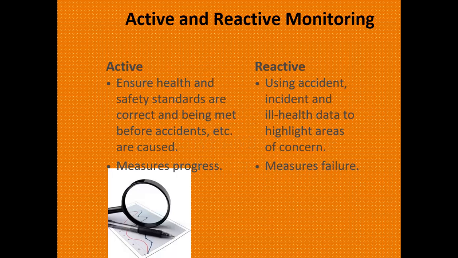For example, ensuring health and safety standards are correct and being met before accidents are caused. So regular work inspections, feedback from the employees, audits, surveys. These are the types of active monitoring. We are doing this to ensure that the health and safety procedures and legal requirements are met on site to prevent incidents.